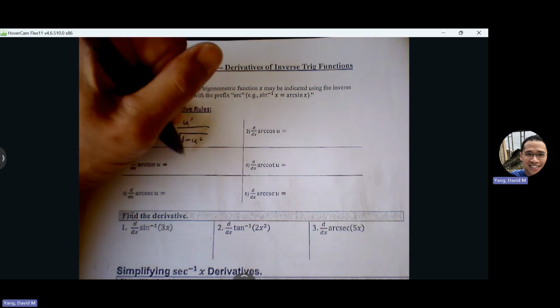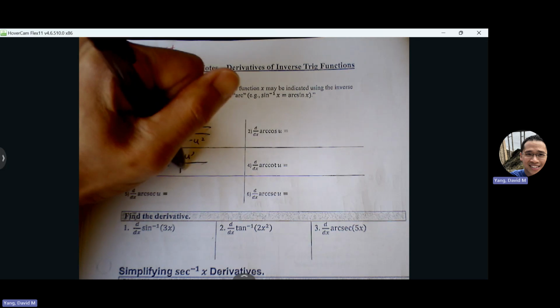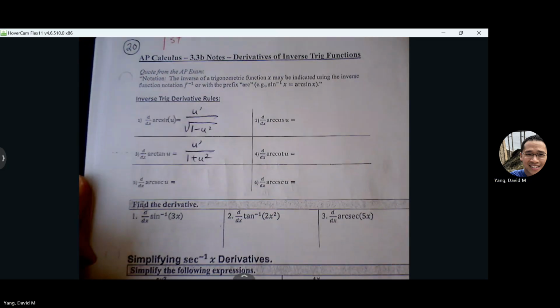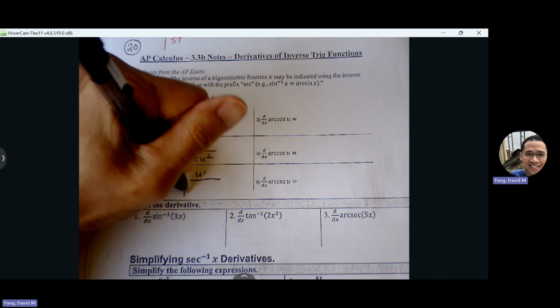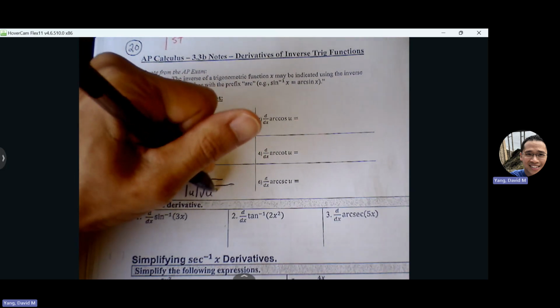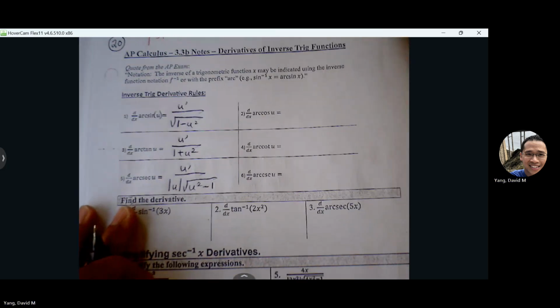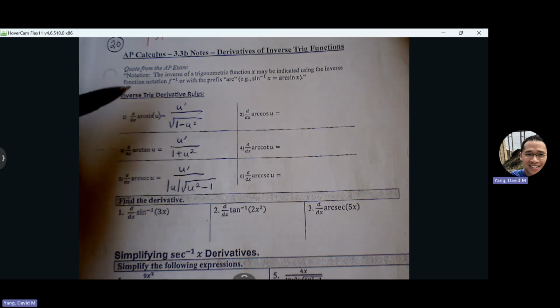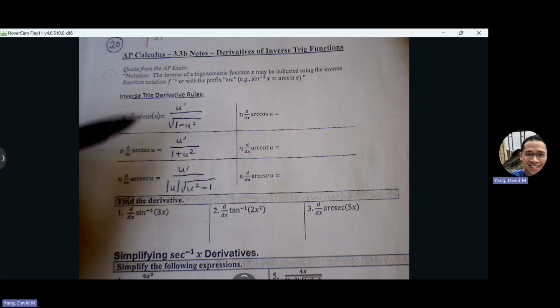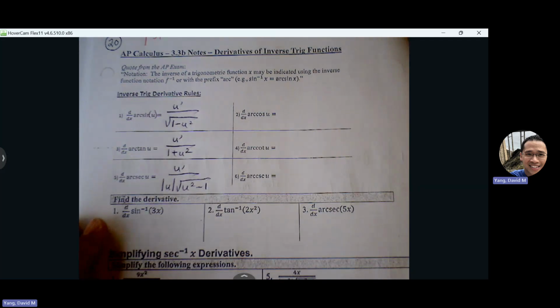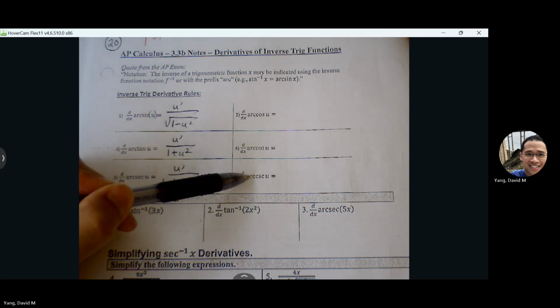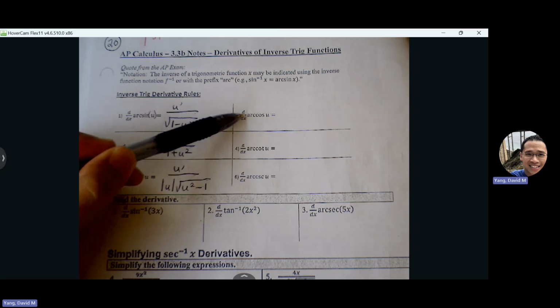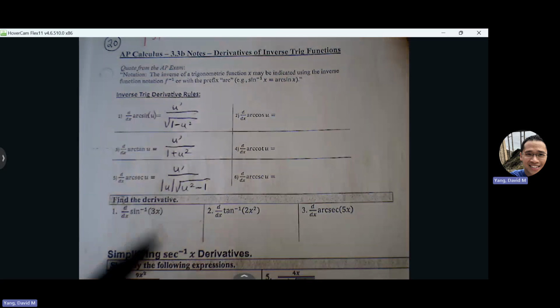Arctangent, the derivative is u prime over 1 plus u squared. And then the arcsecant derivative is u prime over the absolute value of u times the square root of u squared minus 1. The nice thing about labeling it in this format is that I have all the inverse trig derivatives lined up, and the co-functions are all going to produce negative derivatives, just like with the original trig functions.